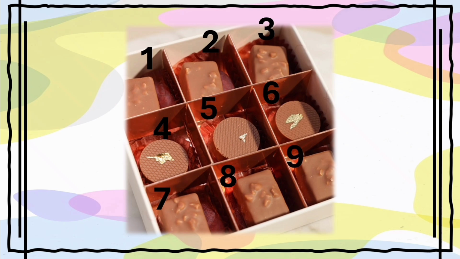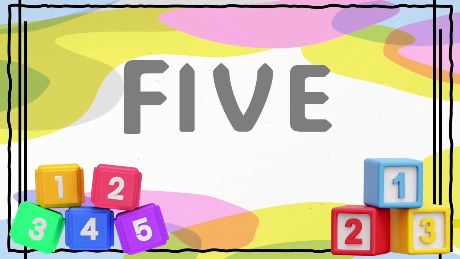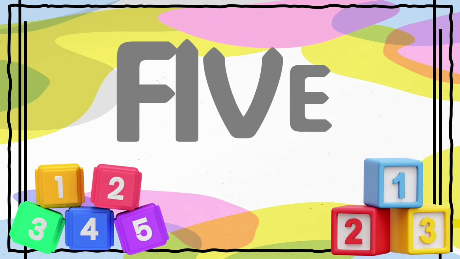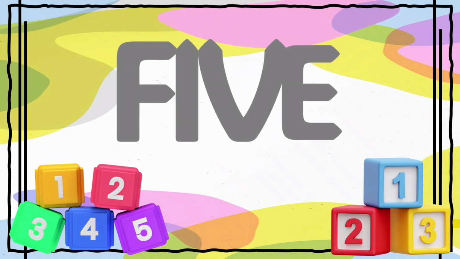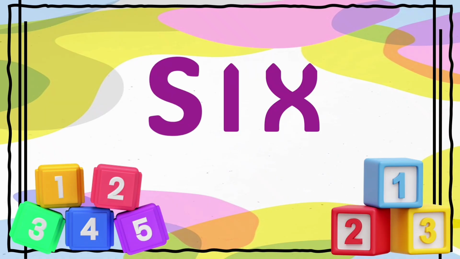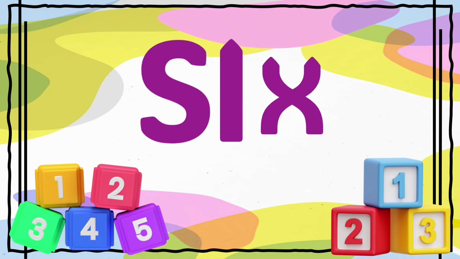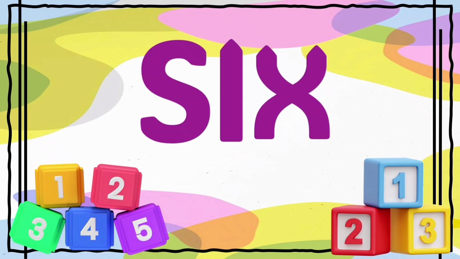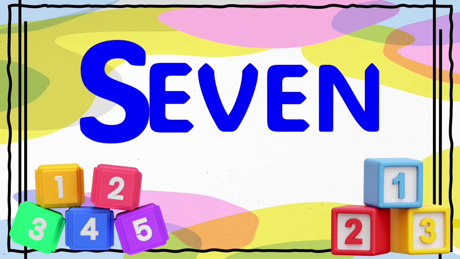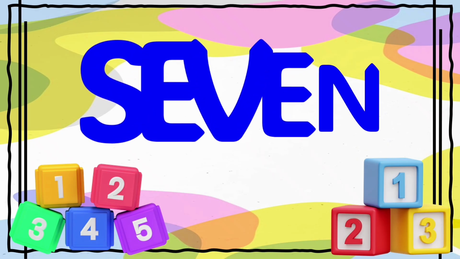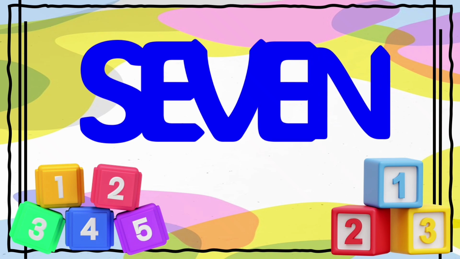Kids, let's repeat the spellings of these numbers once again. F I V E, 5. S I X, 6. S E V E N, 7.